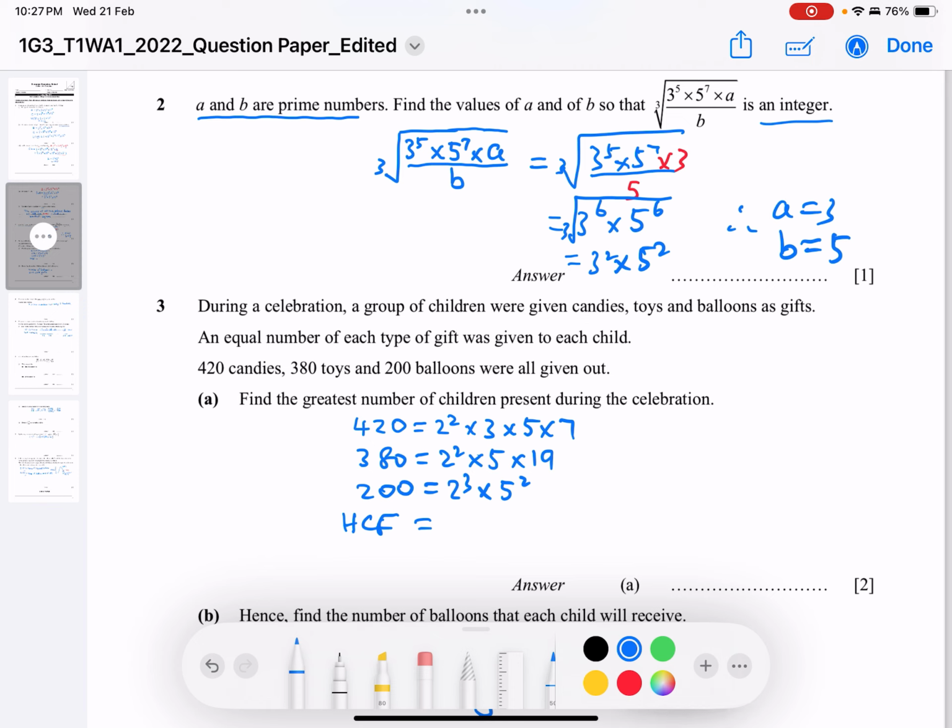Right, so for the HCF, we find the common factor, the lower power, and the lower power here is 5, lower and common. Result is 20. So the greatest number of children present is 20.